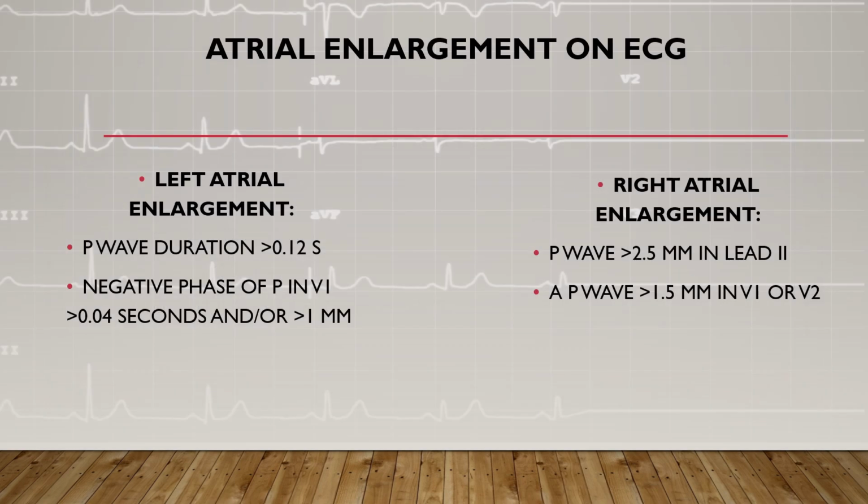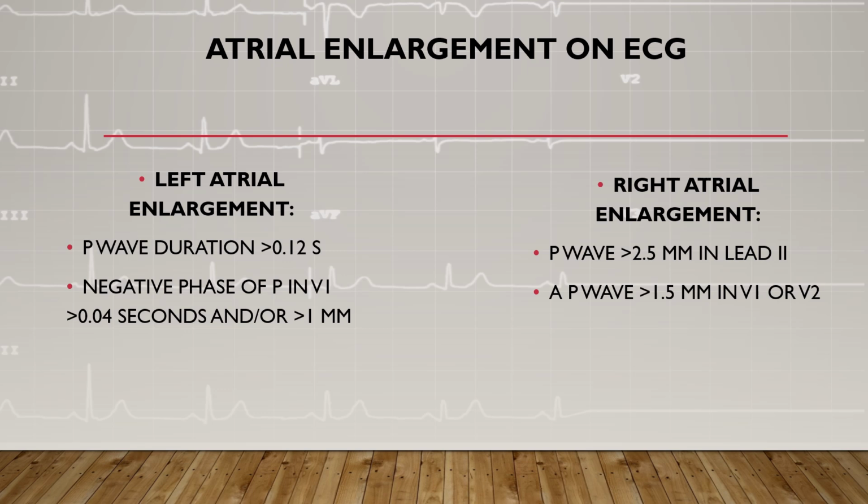The 12-lead EKG can help us diagnose atrial enlargement. However, it is important to remember that the 12-lead EKG is far from being sensitive for that problem. Left atrial enlargement will have a P wave duration of more than 0.12 seconds, and will also have a negative phase of the P wave in lead V1 of at least 0.04 seconds or more.